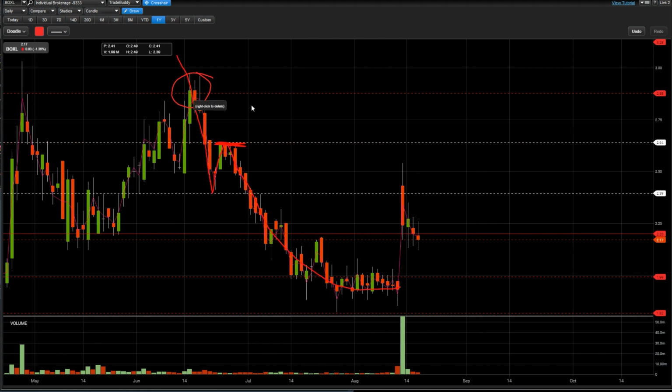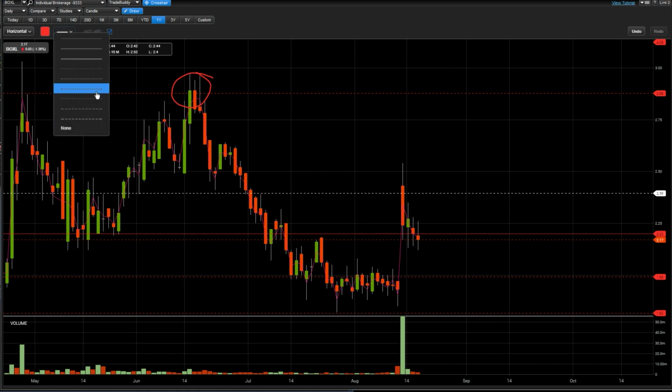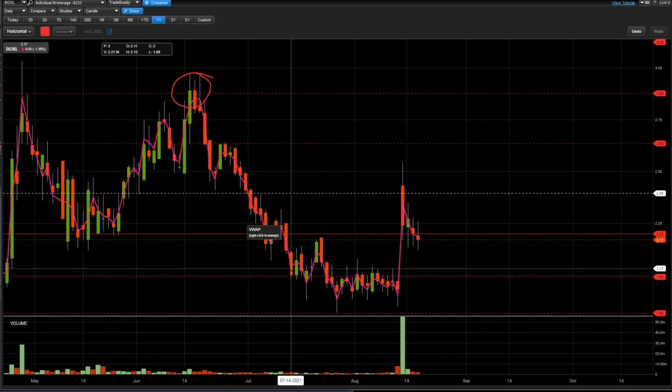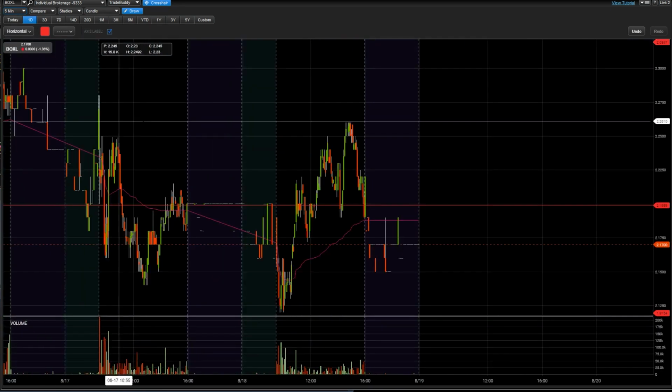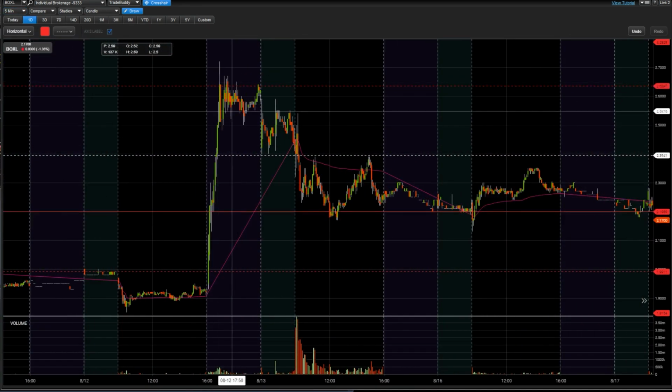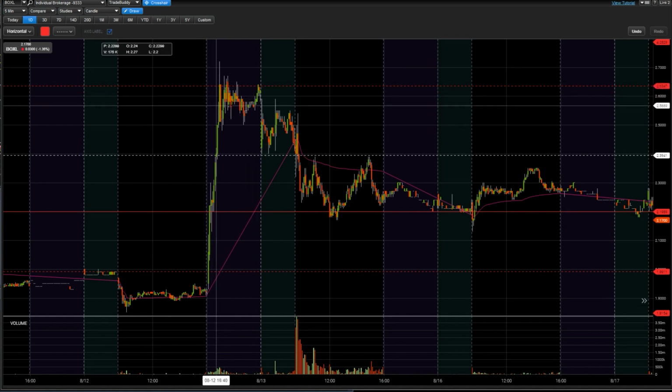So now that this was a level of resistance, we can expect that to come into play. And like I said, if you just draw that as a red level, that was actually the pre-market high where the stock had found resistance in that extended hours session.